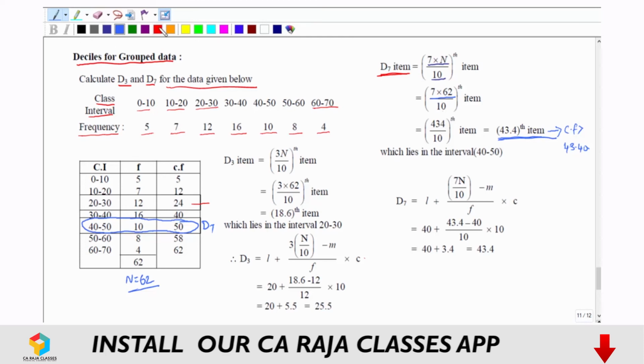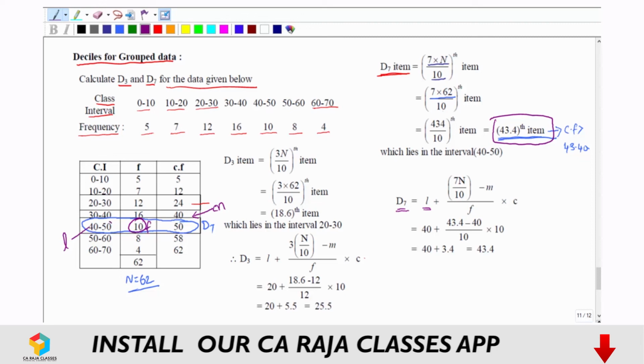How are we going to approach this? Again, we'll make use of the formula: D7 is equal to L plus 7n by 10 minus m, divided by f, multiplied by c. L is the lower limit, which in this case is 40. 7n by 10 we have already calculated, which is 43.4. M is the cumulative frequency above your 7th decile class, which is 40. F is the frequency, which is 10.